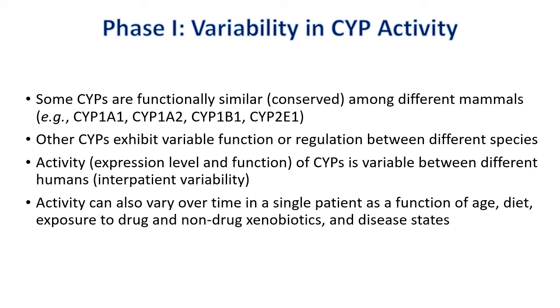What I mean by that is if you're treating a patient with a drug that's metabolized by CYP450, as they age, that function can change. As they get elderly, or if they're pediatric and then become an adult, that could change drastically, so the metabolic activity will be very different. Their diet can induce or inhibit enzymes, like grapefruit, as I said earlier. One of the most important factors is previous exposure to drugs.